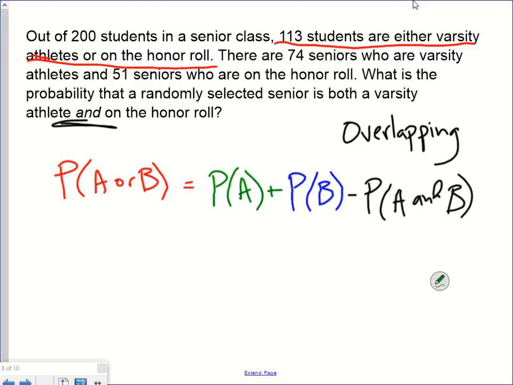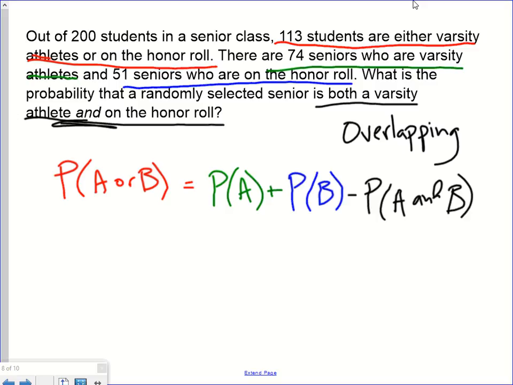We'll call that A. I'll put that one in green. And 51 are on the honor roll. That's B. So that is the probability of B. And then the question is asking what is the probability that they're both a varsity athlete and on the honor roll. That's the one I have in black.